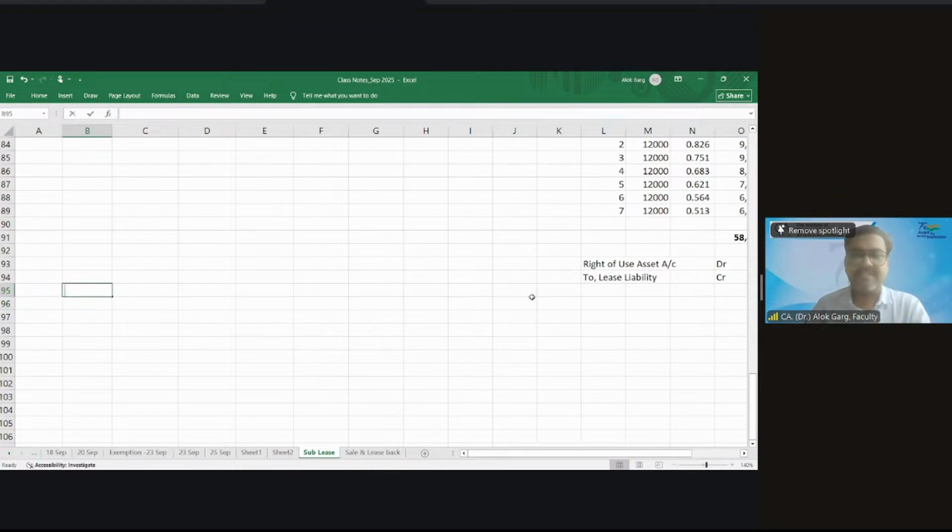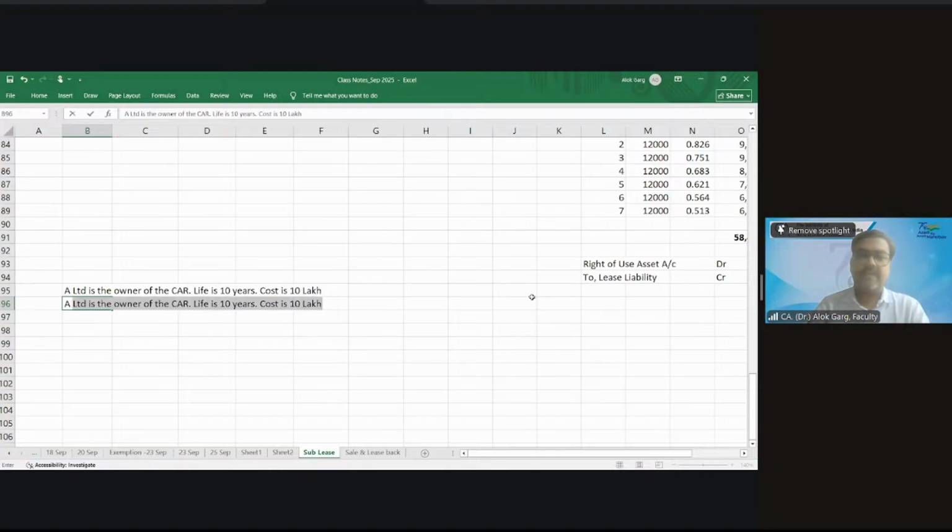For example, let's say A Limited is the owner of the car. Taking this example, the life is, let's say, 10 years, and the cost is 10 lakh.